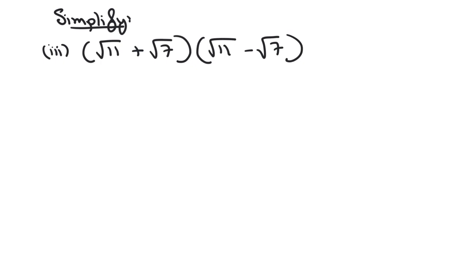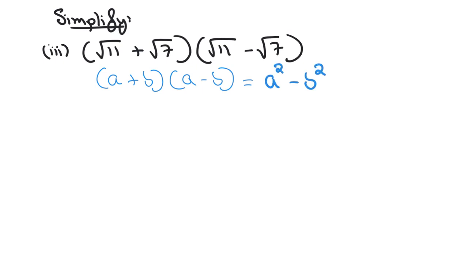Do you observe? Is this in the form a plus b times a minus b? And we learnt in the previous slide, a plus b times a minus b is equal to a squared minus b squared. So instead of opening the bracket with every single term, can we simply apply this identity?